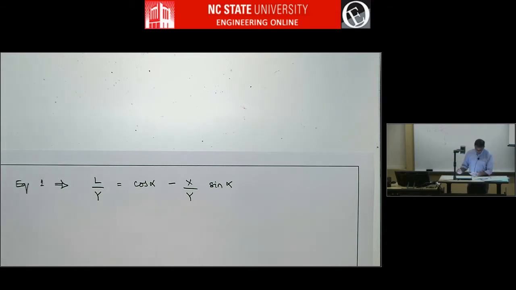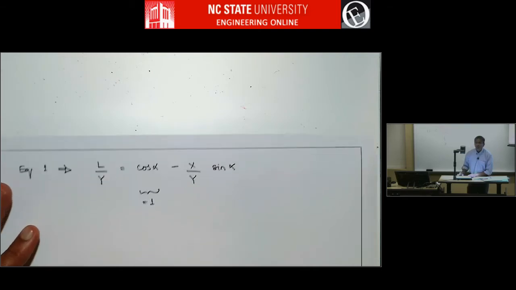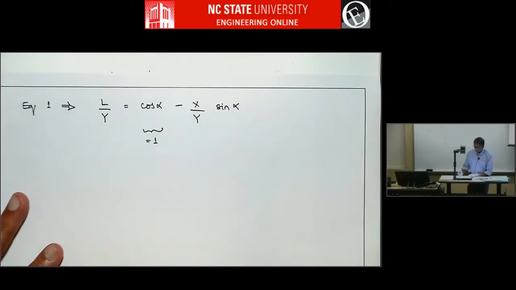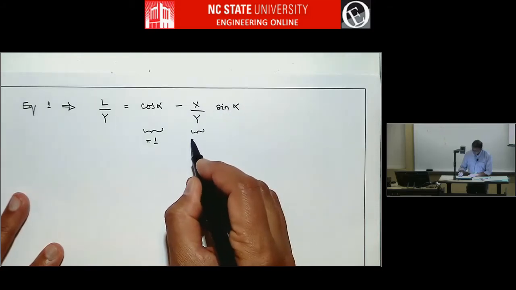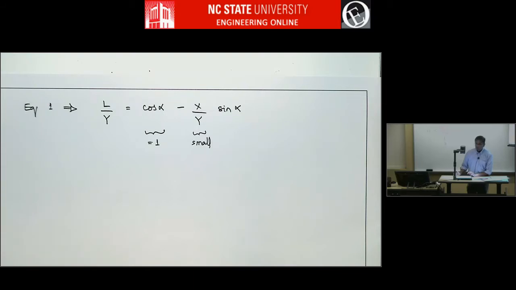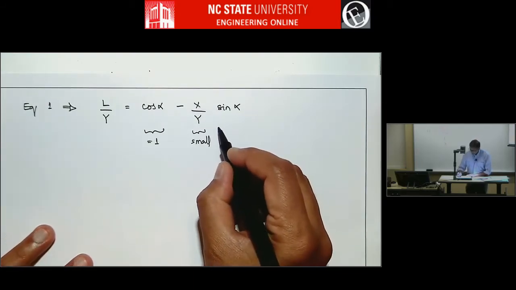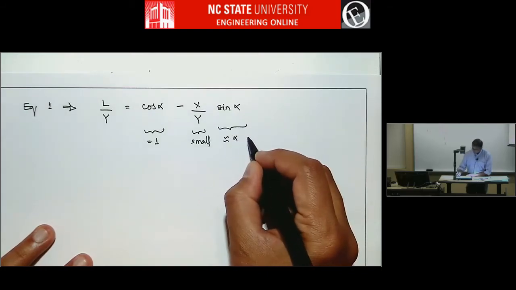Okay, so what happens here is this is approximately 1, of the order of 1, right? It's actually very close to 1. X over y is a small quantity because that's our assumption. And sine alpha for small angles is approximately alpha, and it is small.